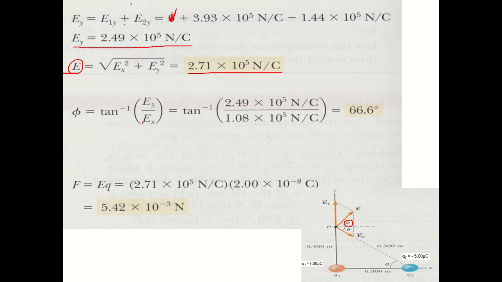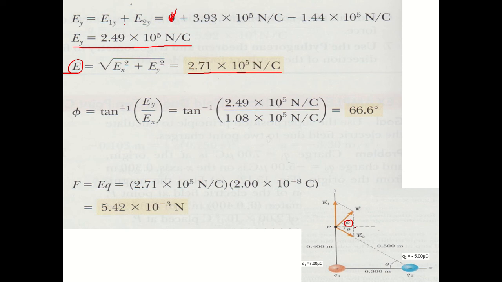formula that is tangent. Tangent is equal to opposite over adjacent, no? So our opposite is this one. This is our a sub y. All right, and adjacent a sub x, this one.